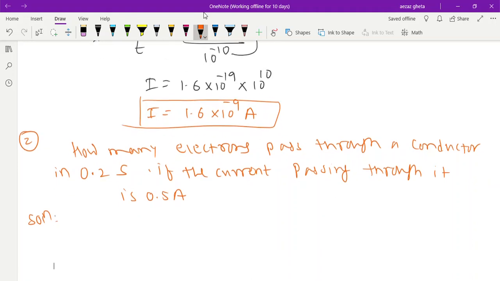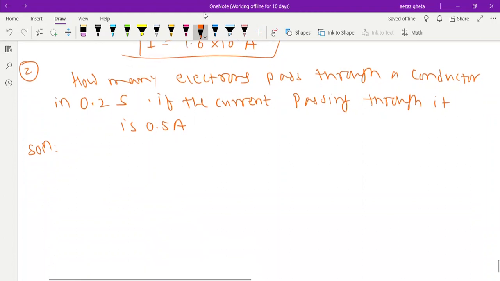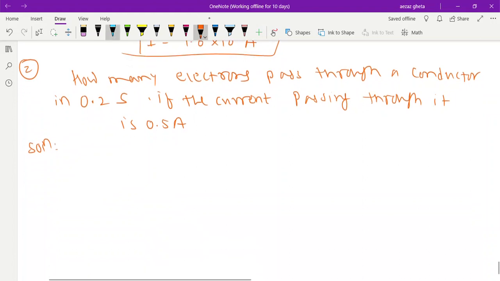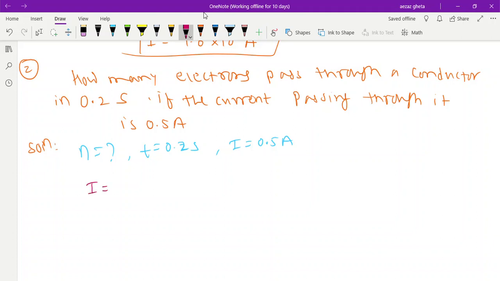I think you can do it. How many electrons pass through a conductor? They gave n, the number of electrons, is equal to question mark, time is equal to 0.2 second, and the current I is equal to 0.5 amps. So you know that I is equal to Q by T, correct?